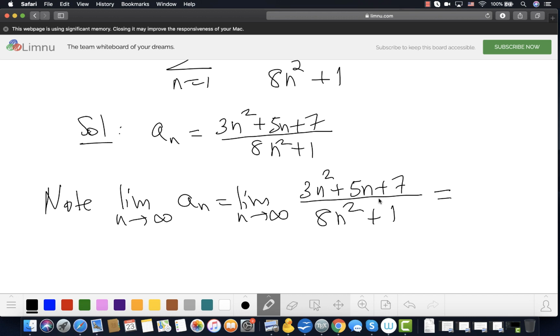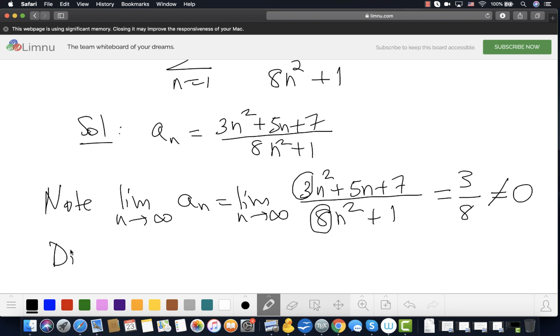This is a ratio of two quadratic polynomials with leading coefficients 3 and 8. So the limit is just the ratio of these leading terms, because as n gets larger and larger, the 5n plus 7 and the 1 will be negligible, so everything is determined by the leading term. So in particular, 3 over 8 is not 0.